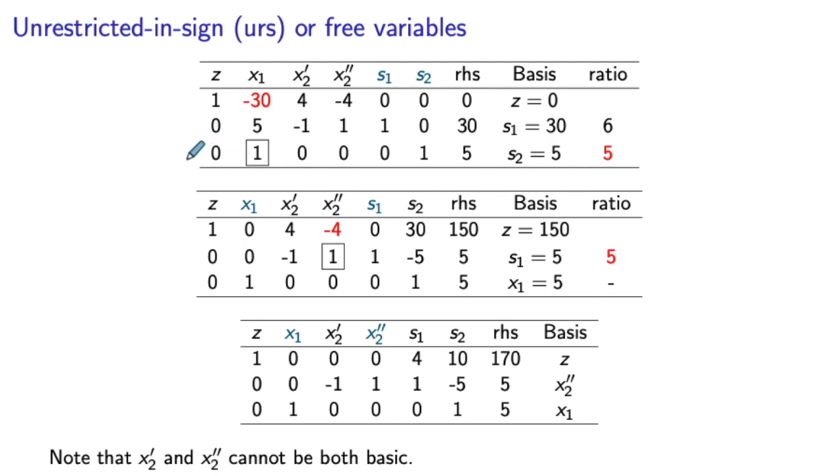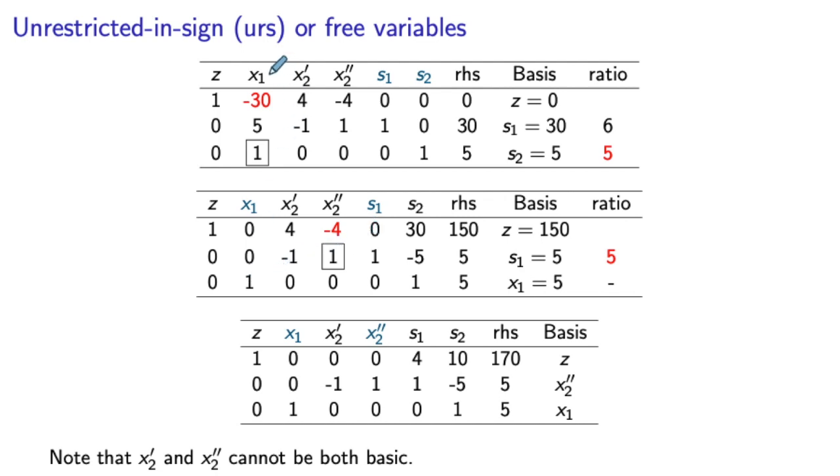And because of the way we do the simplex iterations, we apply the elementary row operations, and exactly the same operations will be applied to both of these coefficients. And because this relation between the coefficients of these two variables, one is the negative of the other, is true for all the rows, when we perform elementary row operations, this relation will persist throughout the iterations of the simplex method.